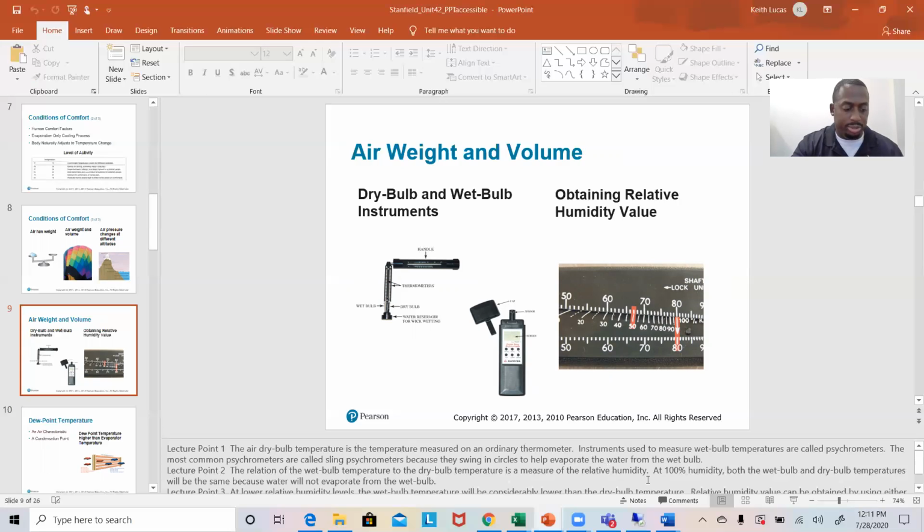Let me silence that. I actually happen to have a sling psychrometer right here. I never use it, but there are two thermometers on here. This one's just a regular thermometer. This one has that little piece of cloth on it. They refer to it as a wet sock.